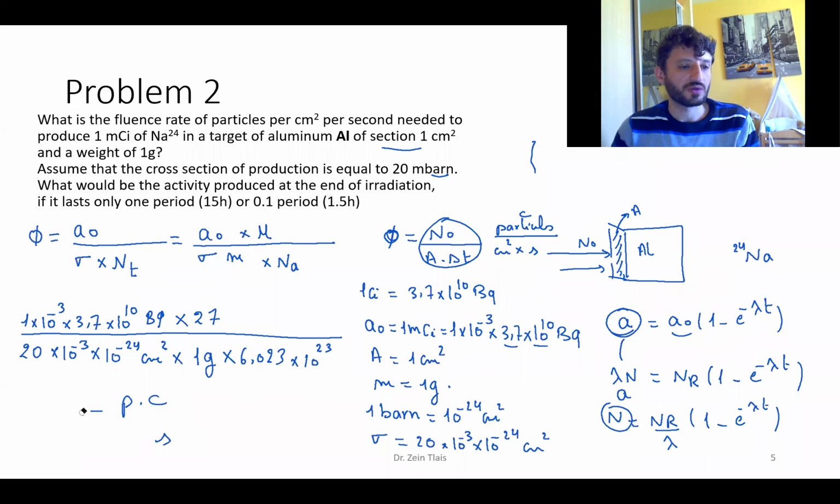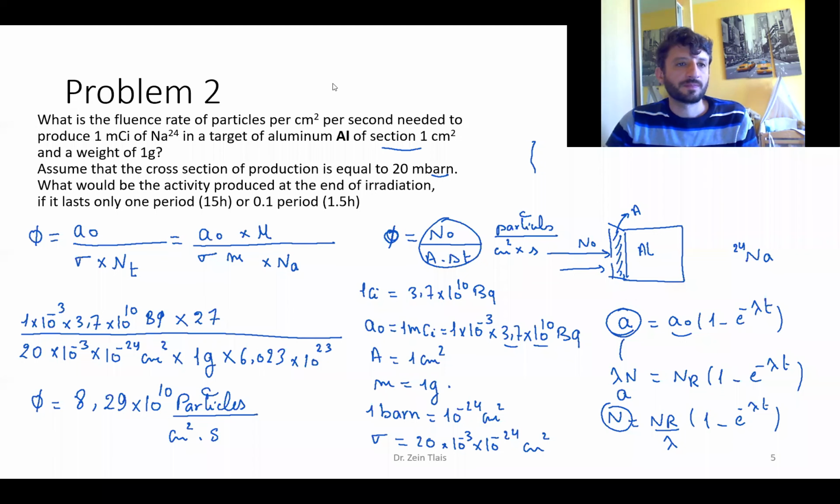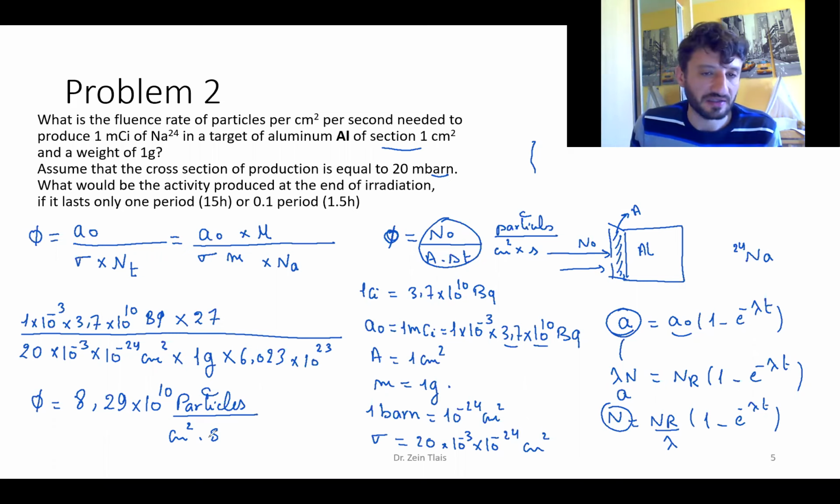The answer will be phi equals 8.29 times 10 power 10 particles per centimeter square times second.